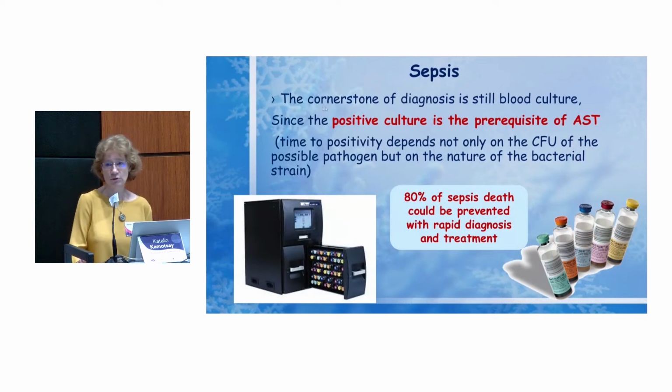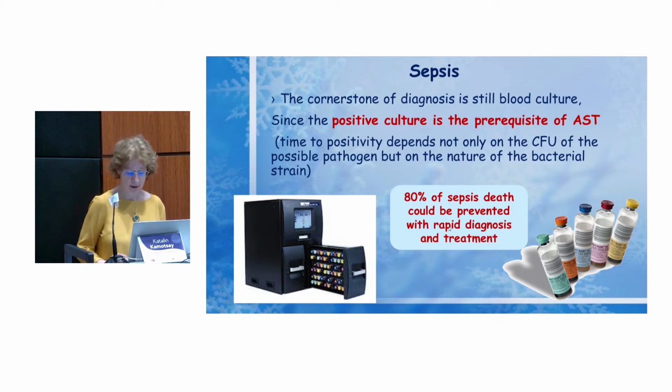The cornerstone of the diagnosis of sepsis is still blood culture, because that is the prerequisite of the antimicrobial susceptibility testing. But of course, it takes time, and we need rapid diagnosis, because 80% of sepsis deaths could be prevented with rapid diagnostic methods.